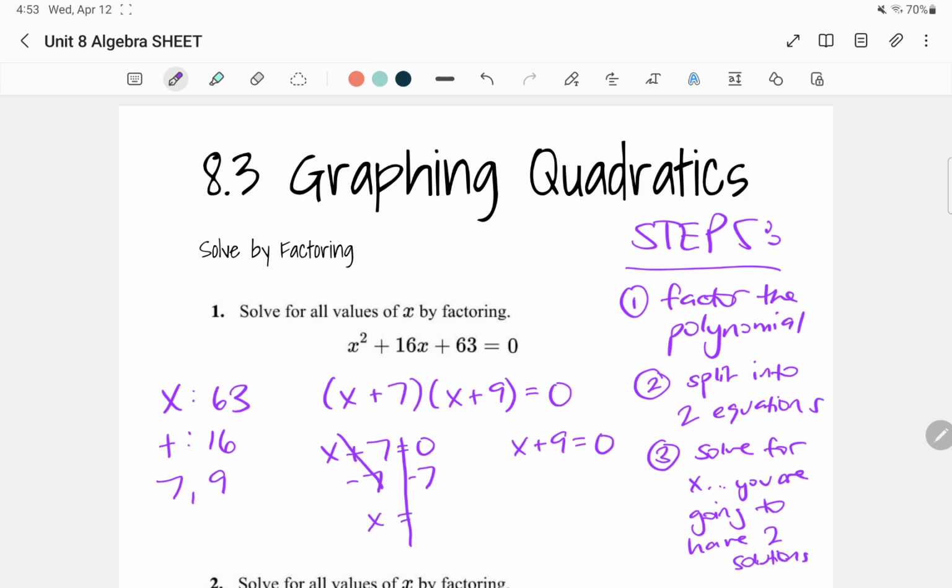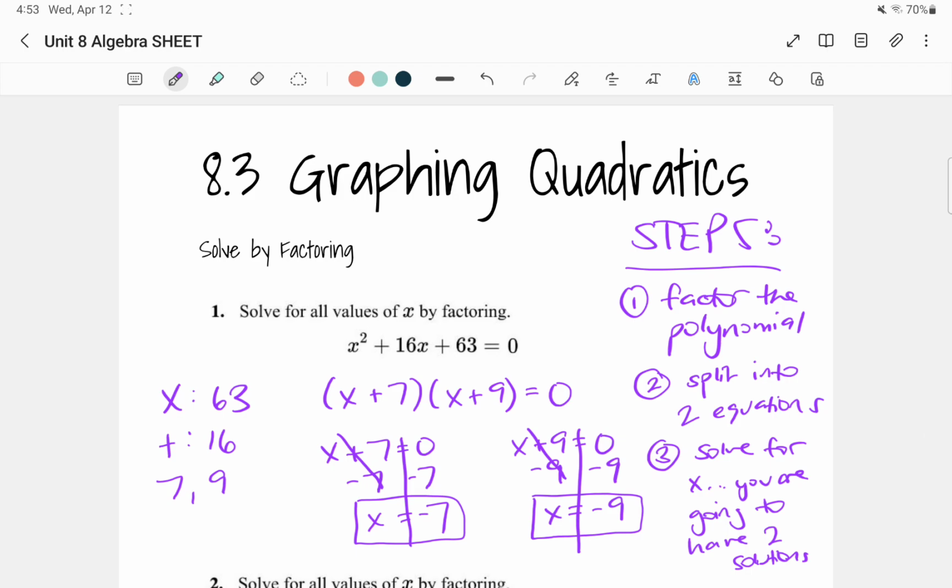So x is equal to negative 7. That's my first one. Then on this other one, I'm going to subtract 9 from both sides, and x equals negative 9. So my two solutions are x equals negative 7 and x equals negative 9.